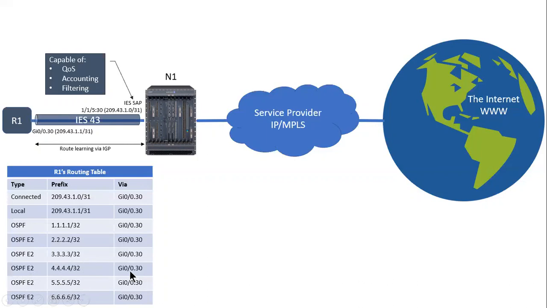And then, after 5 p.m., I'll have a label switched path that returns traffic so that it transits through N2. So from my perspective, it gives the subscriber quite a bit of control over how their traffic is routed to the internet.